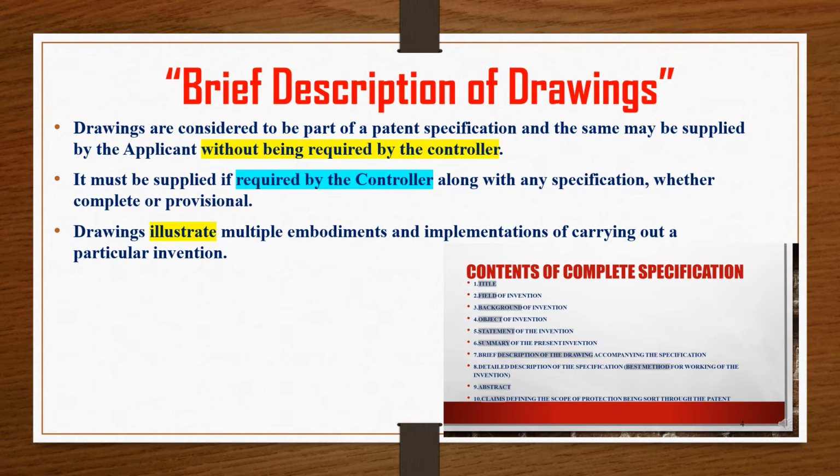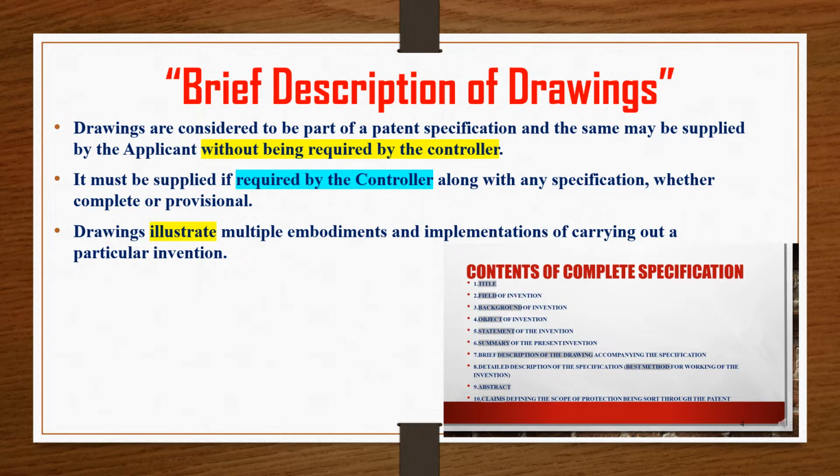So friends, today's topic is brief description of drawings, which is one of the contents of complete specification. So let us go deeper into this particular topic. Drawings are considered to be part of a patent specification and the same may be supplied by the applicant without being required by the controller.